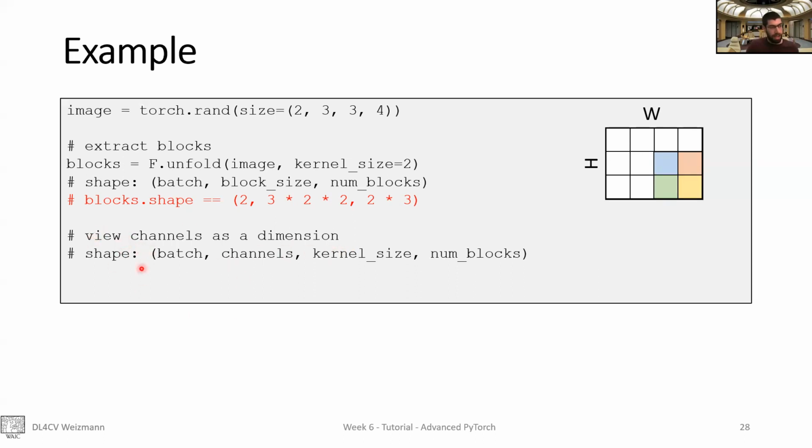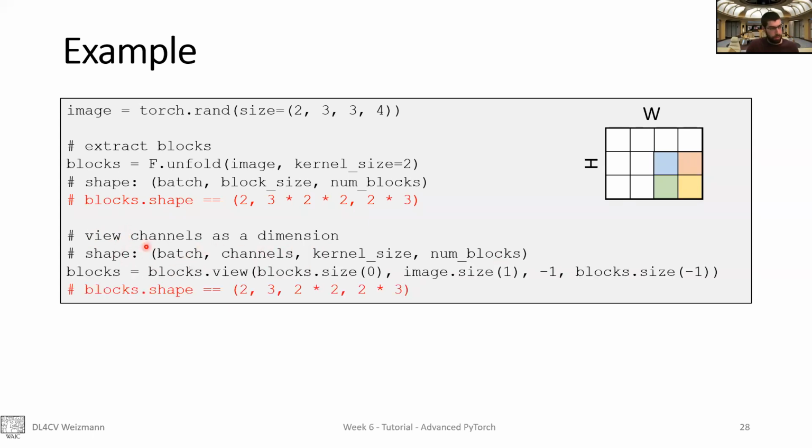So how should I view it? Which dimension should I take in each one? I can take the batch size from the blocks, the channels from the image, and -1 means fill the gap: compute how many elements should be here, and this is the number of blocks. Why do we need this view? It's very useful many times when you want to apply some operation on each channel separately.